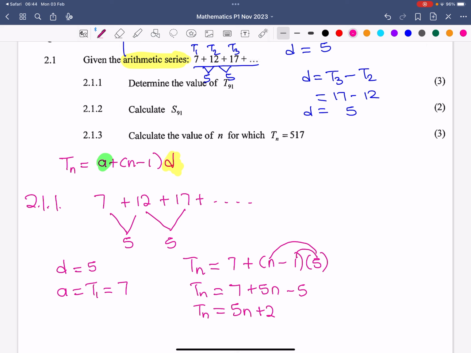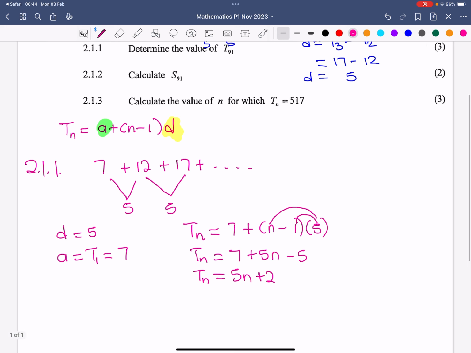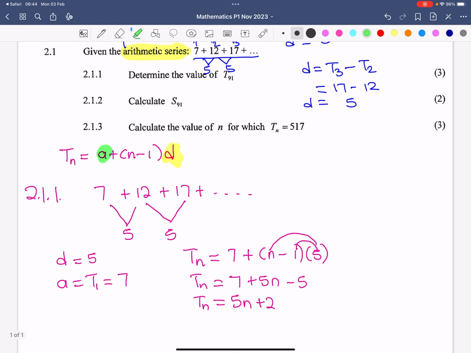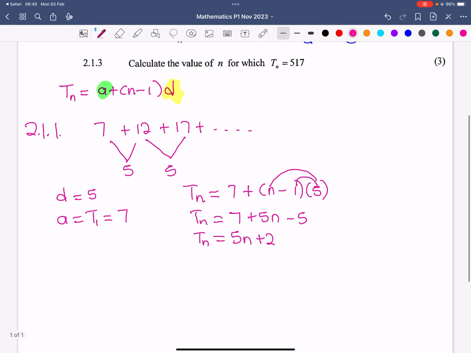Right, okay. After getting this formula, on this question, they want you to find T91. So this tells you that the value of n is equal to 91, right?